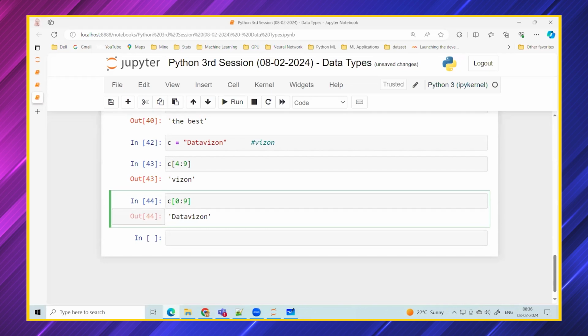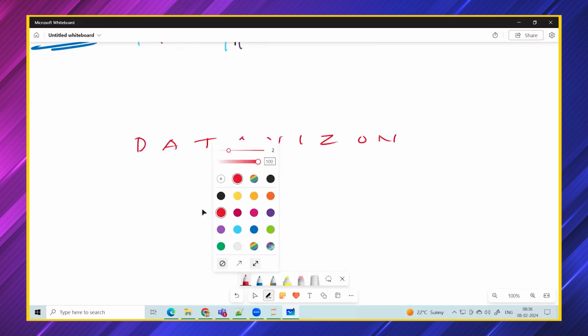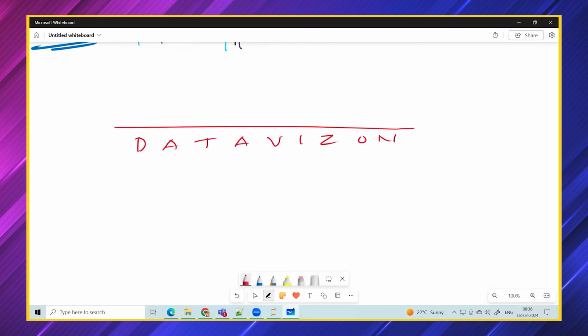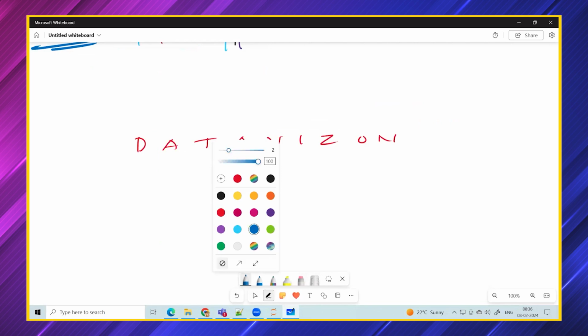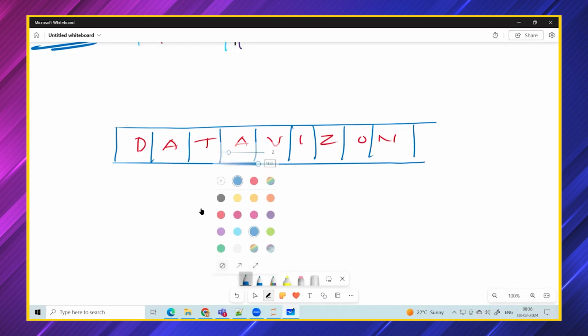Ideally speaking, what is happening? We have data vision. This is the data vision I'm storing here, and the way I have stored it, it starts always with 0, 1, 2, 3, 4, 5, 6, 7, 8.